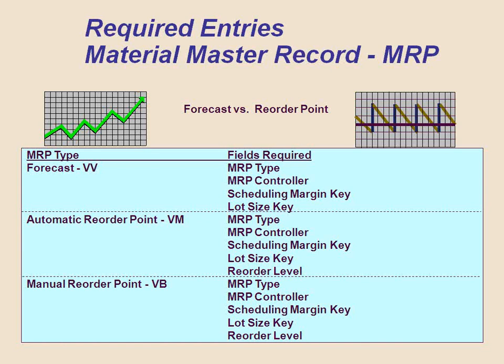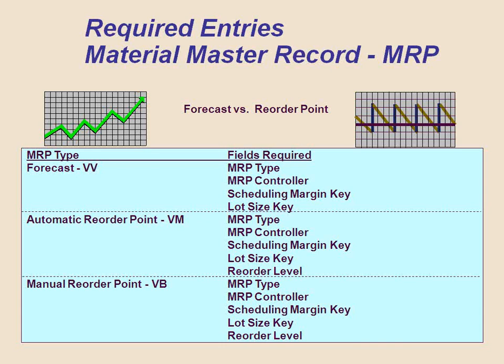Obviously there are 4 fields which are very common for all the types of MRPs. First and foremost, who is running MRP? Obviously the plant in charge. He is called the MRP controller. So the MRP controller is the one field which is required mandatorily.